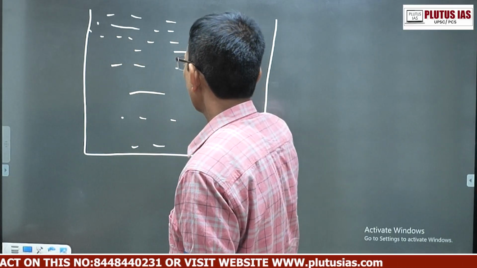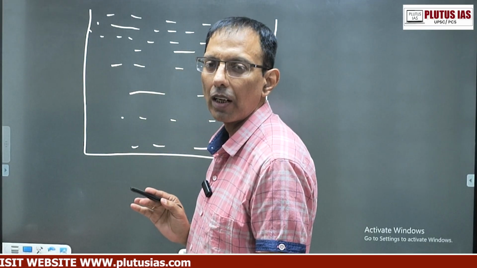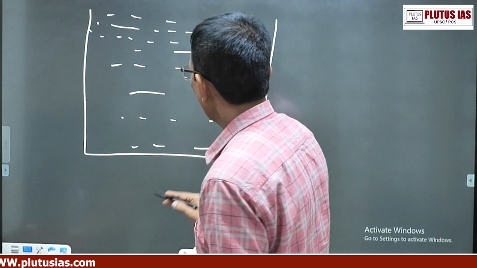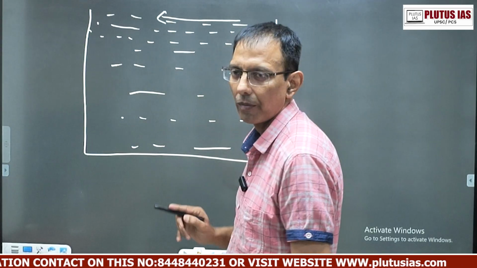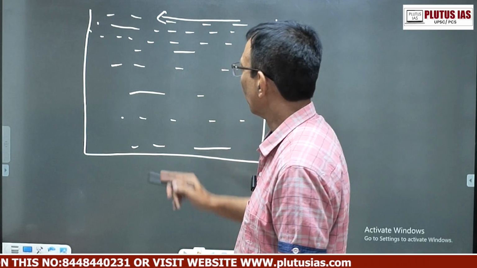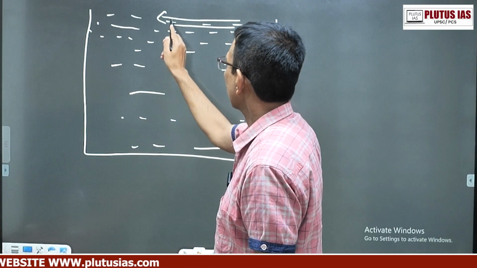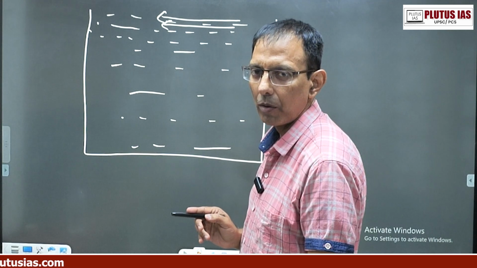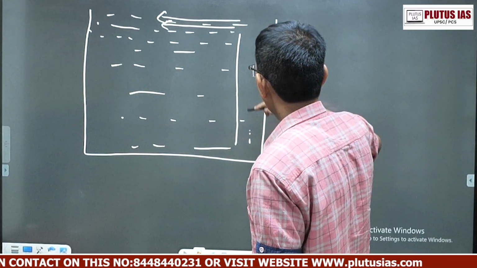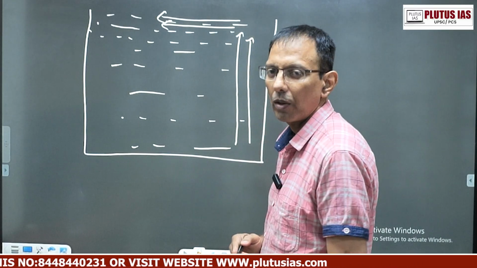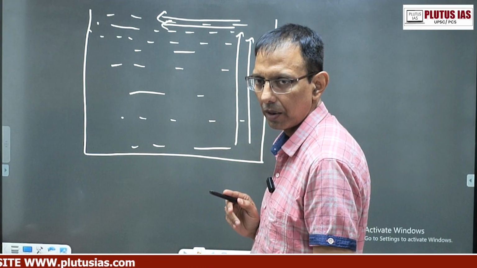Warm water is occupying above, cold water is underlying in nature. When some kind of force is exerted over the upper part of the ocean water and it drags the water from one side, then cold water will upwell to the surface. Cold water will upwell to the surface.